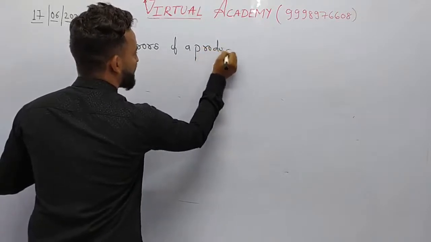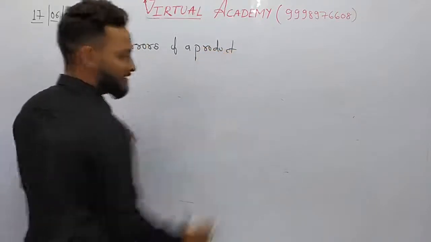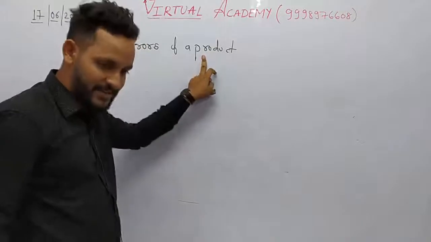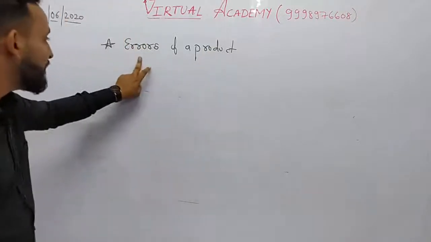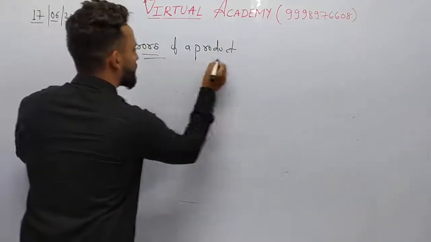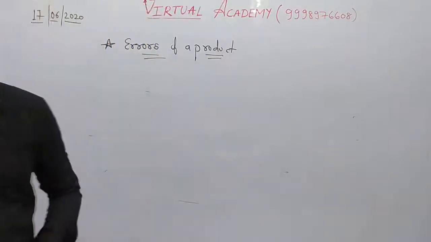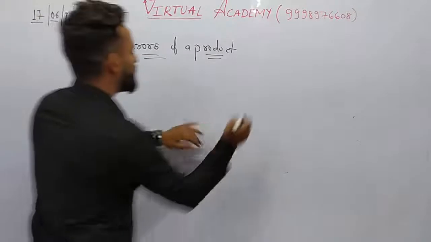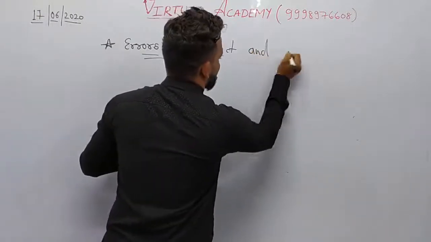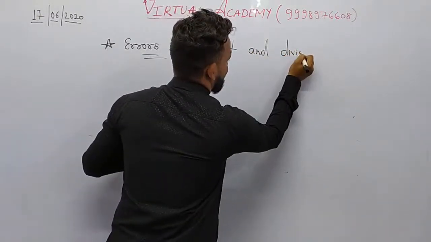Now what is a product? It's simply multiplication. We can write product as multiplication. So now we have to deal with the error of a product. After that we can go for division. Product and division. Clear?